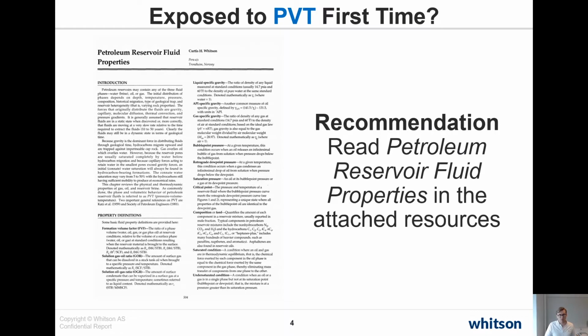It was written for AAPG, to try to explain to geologists the key terms, definitions and concepts related to PVT, in a manner that speaks the language of a geologist.